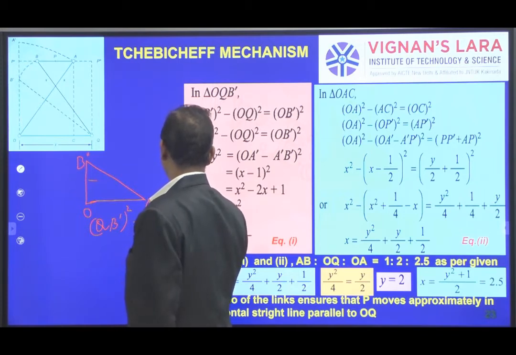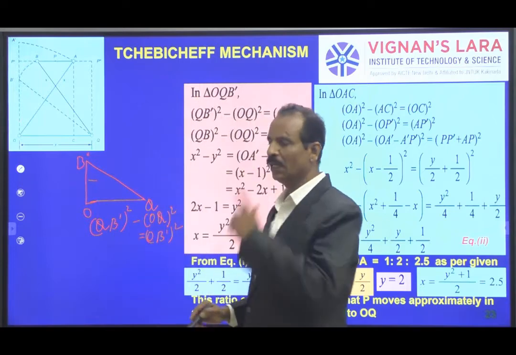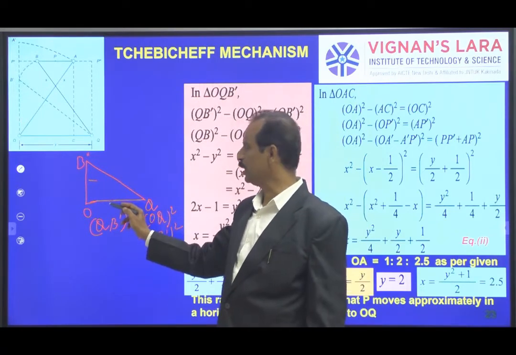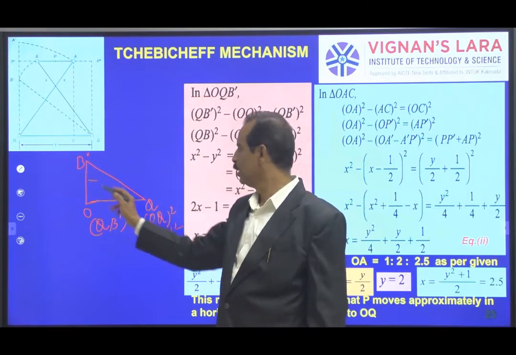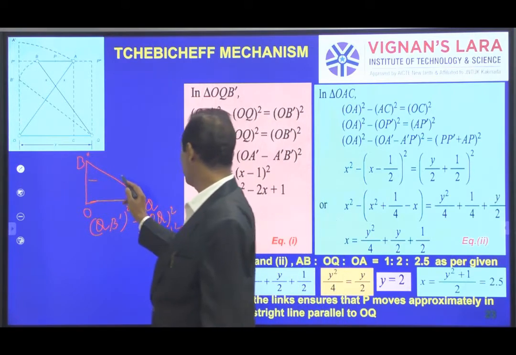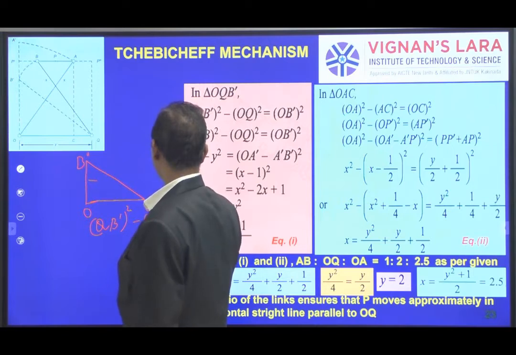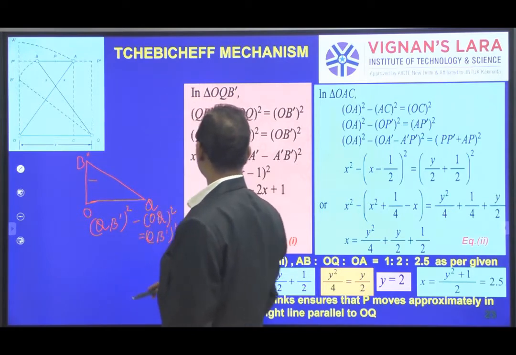This is from simply applying the right angle triangle Pythagoras theorem: hypotenuse square minus adjacent square is equal to the square of the other side. That is QB dash square minus OQ square is equal to OB dash square.